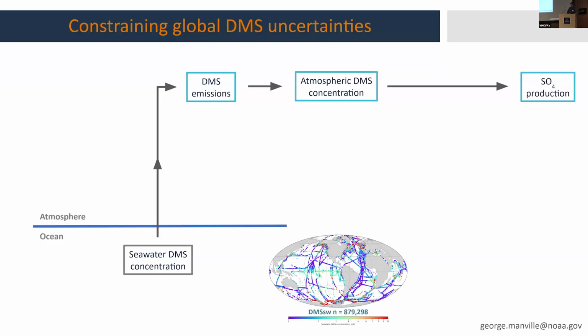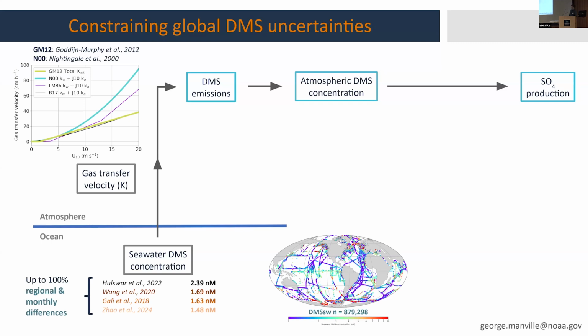So when we are looking at the impact of DMS on climate, we are typically interested in how much is in the seawater, how much is emitted into the atmosphere, and then how much sulfate is produced. We use seawater DMS observations, seen here in the map, to produce large-scale estimates.